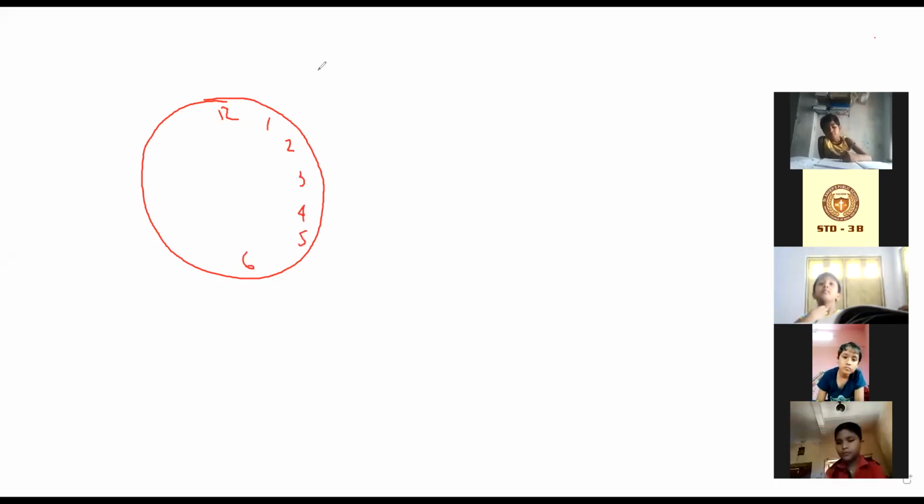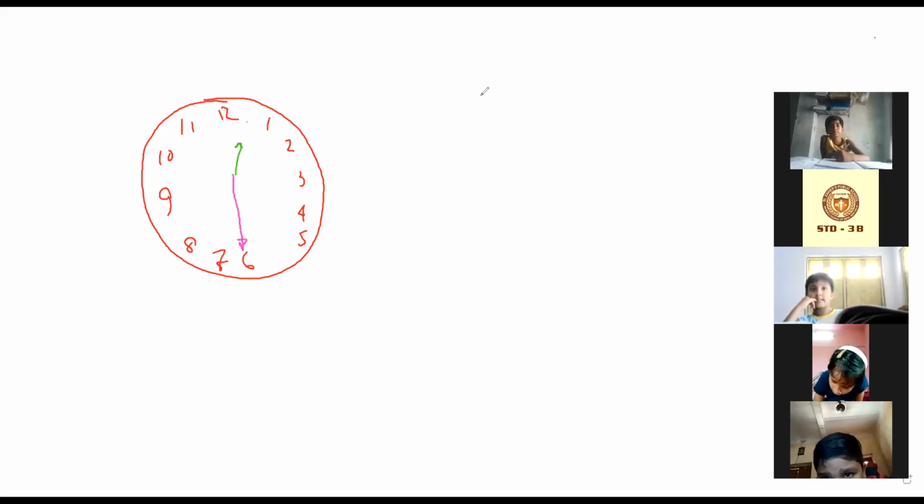So okay, here you will write, not like me, 9, 10, and 11. Right? Now the smaller hand I have drawn in green. So 12 half past means 12:30. Suppose here is the center. So 12 and 30. Here the minute hand is here. Like this, the watch will be looking.